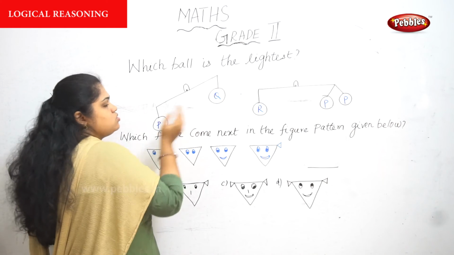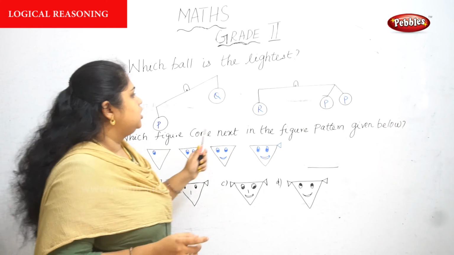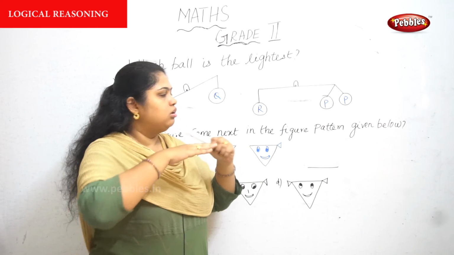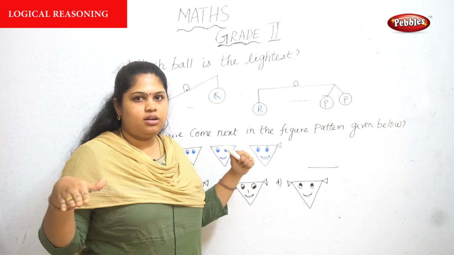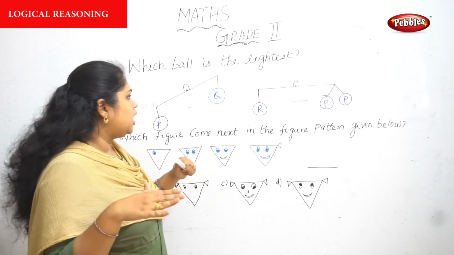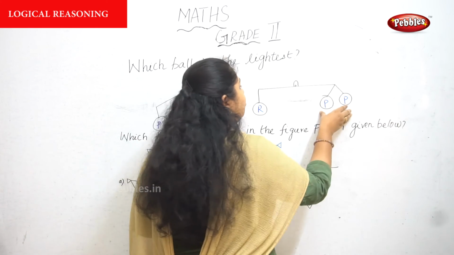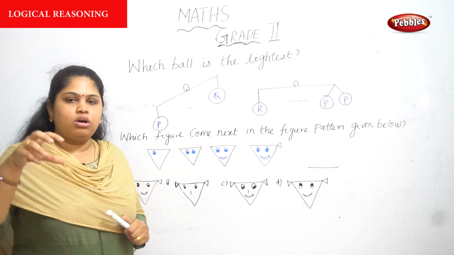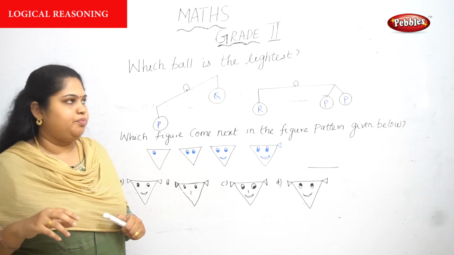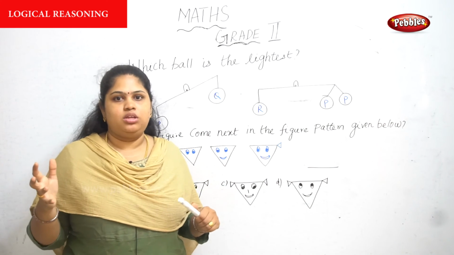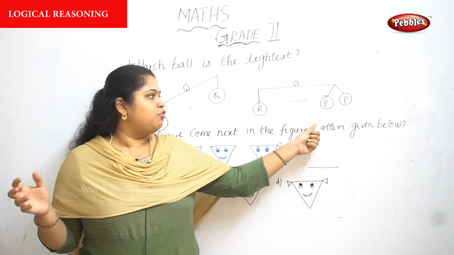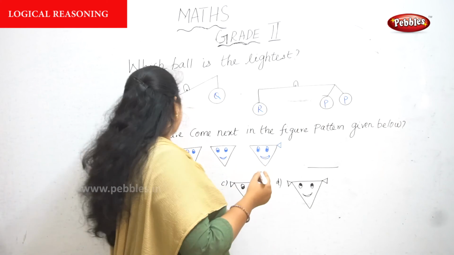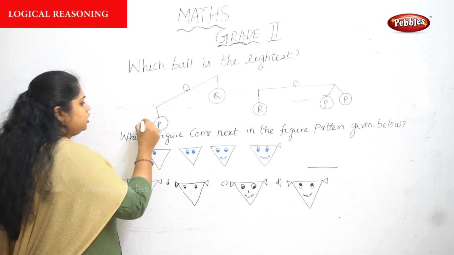Okay. Next picture, the R. To balance R, it needs 2 P's to be put on it, so that it is the same weight. For example, you can keep 30 kg.